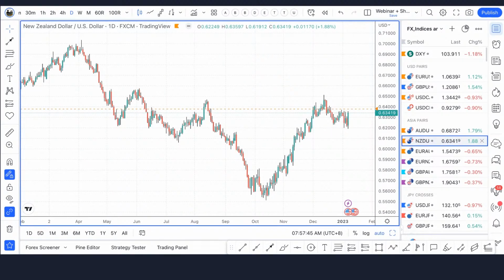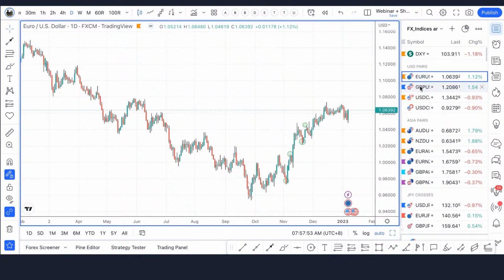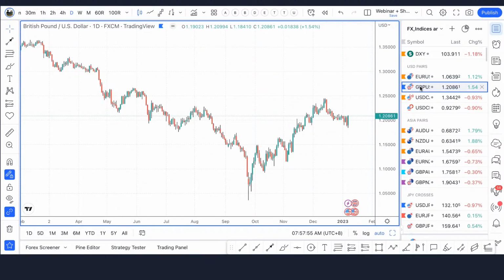So basically, the commodity currencies, I feel, seem stronger as compared to the euro or the pound dollar. That's what I see on the D1 daily time frame, and also the 4 hourly. Okay, so that is that.